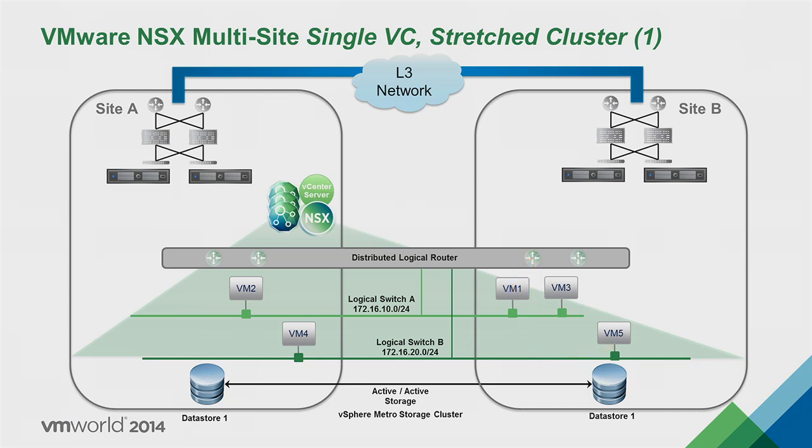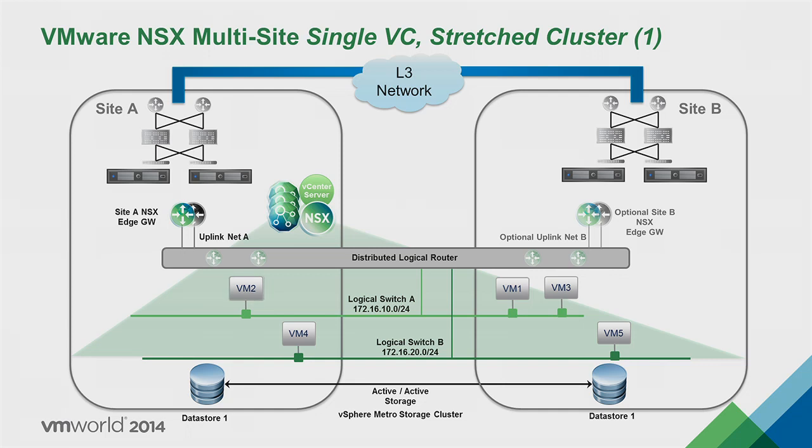Then finally, we will deploy NSX edges. Here, these are going to provide our north-south connectivity, so for traffic that will leave the data center. And so optionally, we can deploy here a gateway at site A. And if we want to optimize our egress traffic, we can optionally deploy a gateway at site B as well.